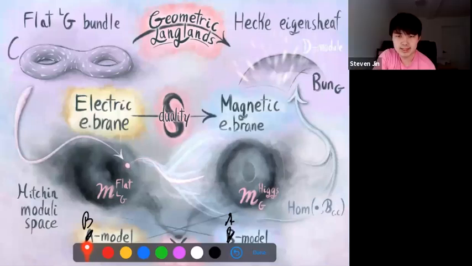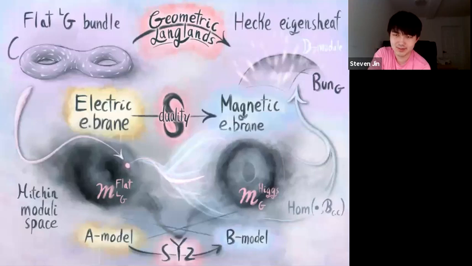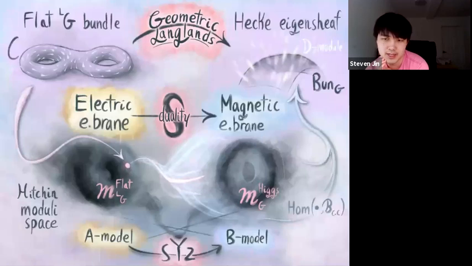Sorry, could I ask a question? Obviously there's a lot of what you're saying that I'm not really following. That's my fault. But it seems that this picture definitely explains the case where you have some sort of irreducible flat LG bundle, and then you take it through this complicated physics business, and you end up with the D-module, which happens to be the Hecke eigensheaf. So does this physics also explain, were we just taking a flat LG bundle, or can you run this by taking an arbitrary local system on LG?